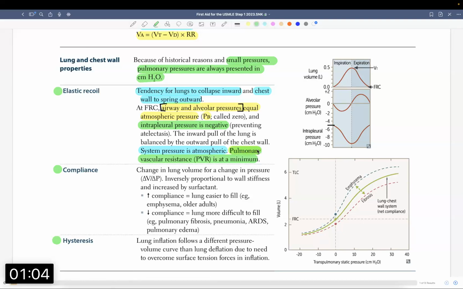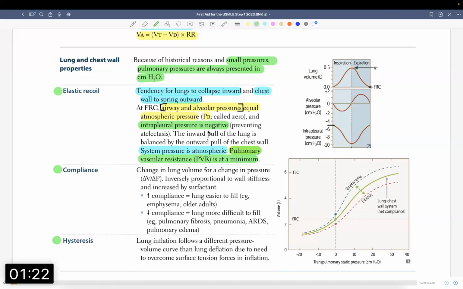What is PB? Sorry, I missed it. PB was barometric pressure. It's the symbol for the atmospheric pressure. And at FRC point, this barometric pressure is 0.